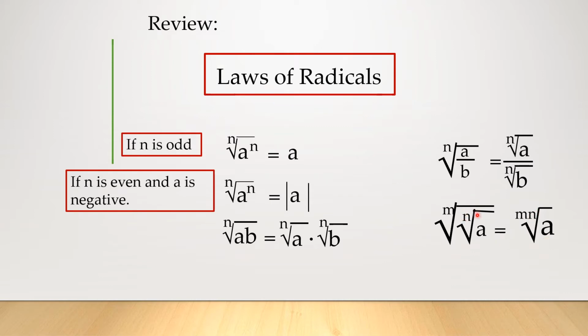Instead of getting first the nth root of the inner, then after that the mth root of the outer, you can do it like this, by multiplying. Okay, so all of this, we're going to apply in the given exercises, the radical expressions that we're going to simplify.